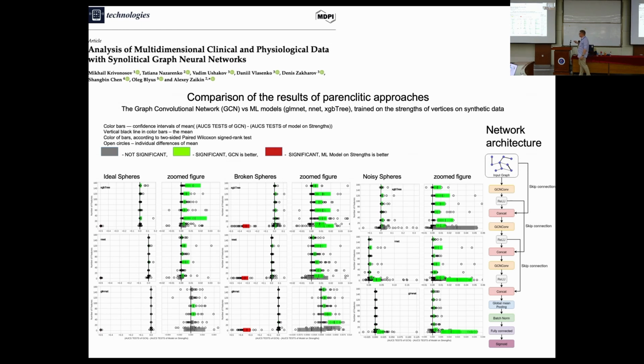a convolutional graph neural network. Here, if you are interested, the architecture is shown with different convolutional layers, with batch normalization and dropout, which is used to avoid overfitting, and then pooling layers, where you transfer classification of each node to the classification of the whole graph.